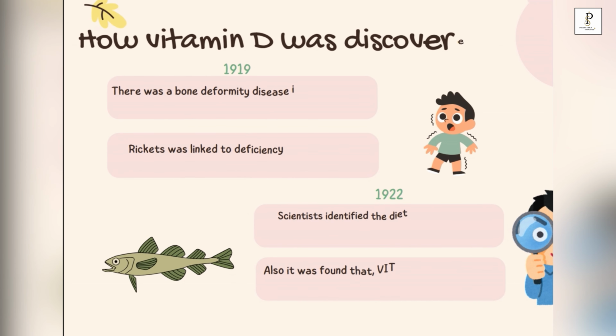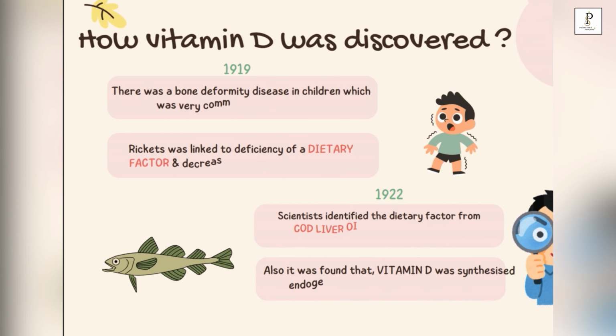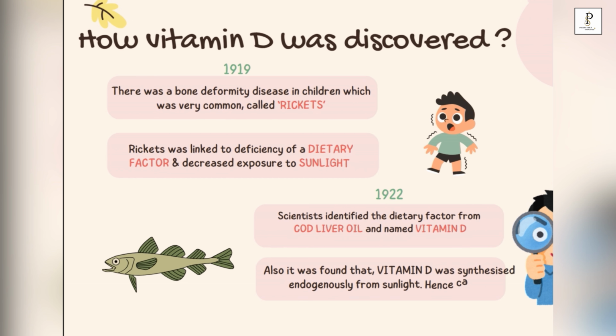How was vitamin D discovered? There was a bone deformity disease in children which has some peculiar characteristic features, and this disease was named rickets. In the year 1919, rickets was linked to deficiency of a dietary factor, and scientists also showed that when a child has decreased exposure to sunlight, the child is more likely to suffer from rickets.